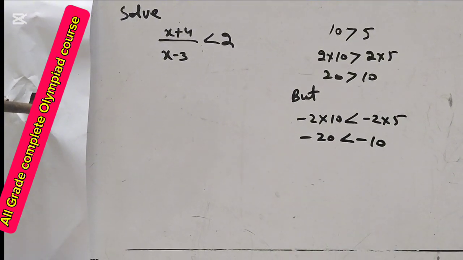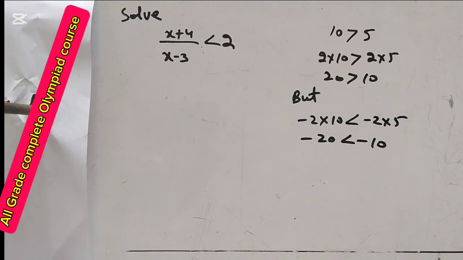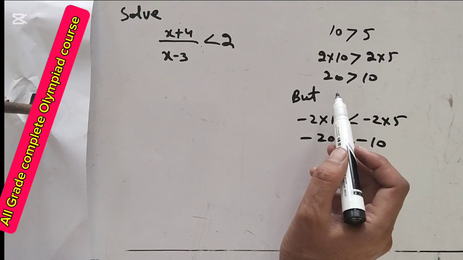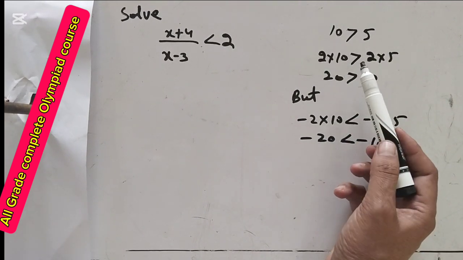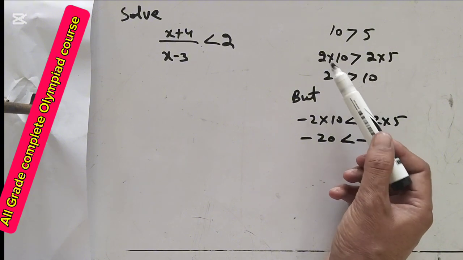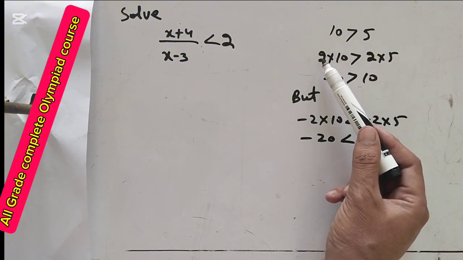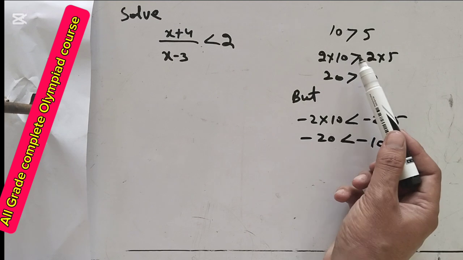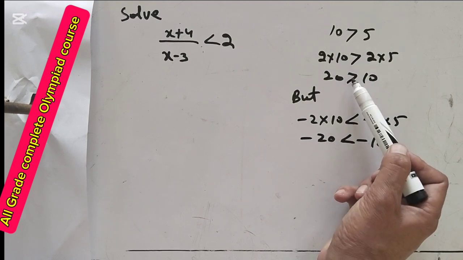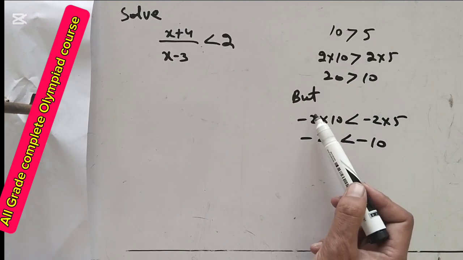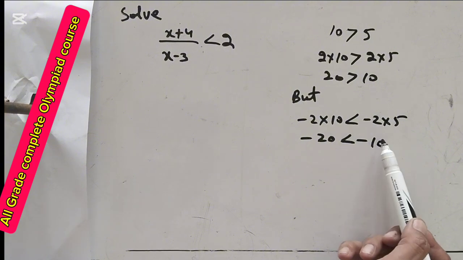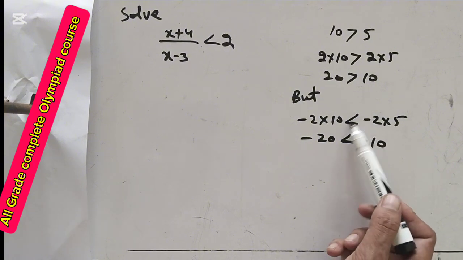So from this we conclude a result. Whenever we multiply an inequality by a positive number, greater than 0, we do not change the inequality symbol. When we multiply by a negative number, we change the inequality sign.